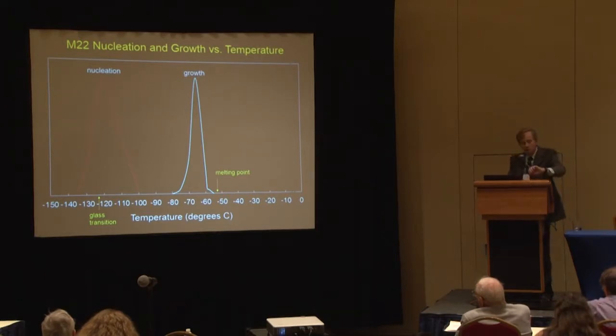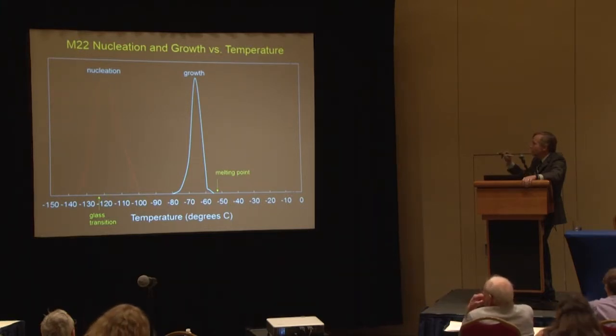And what we found is that the ice growth rate is maximum approximately 10 degrees below our solution's melting point, which is minus 55 degrees, whereas the ice nucleation rate is actually maximum, as Austin was reporting earlier, for more dilute solutions. The ice nucleation rate is maximum at about the glass transition temperature, and in fact continues for some distance even below the glass transition temperature.